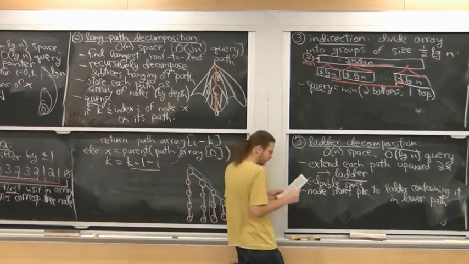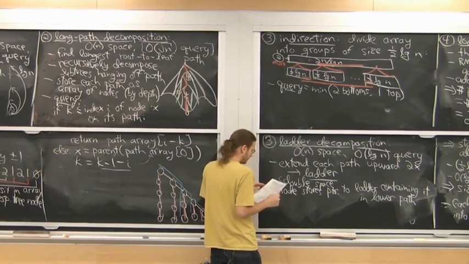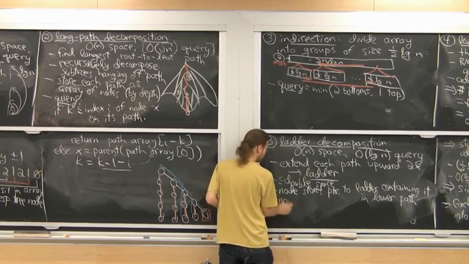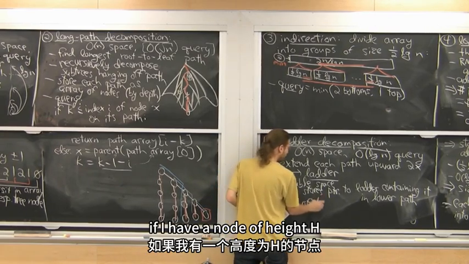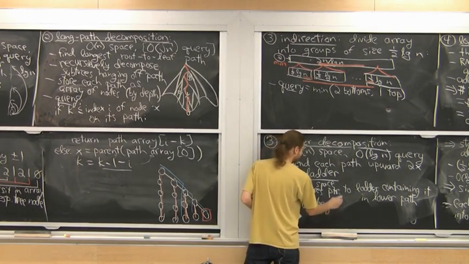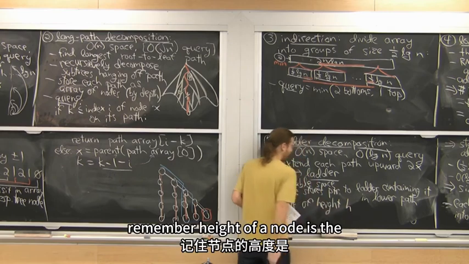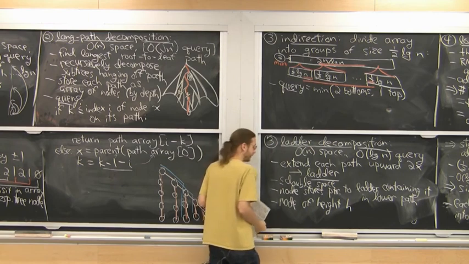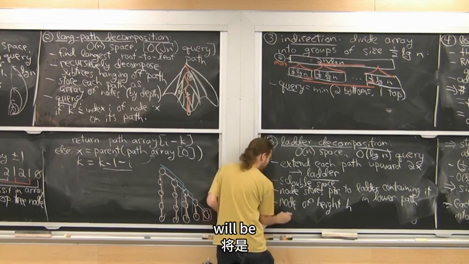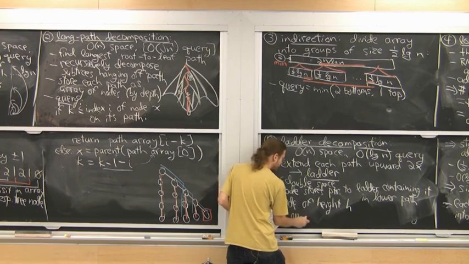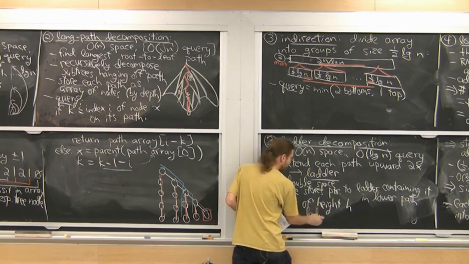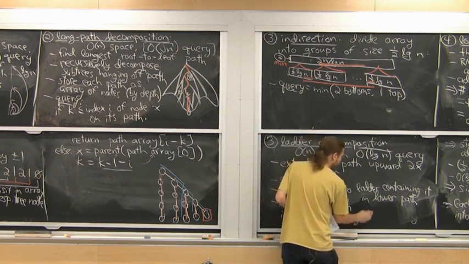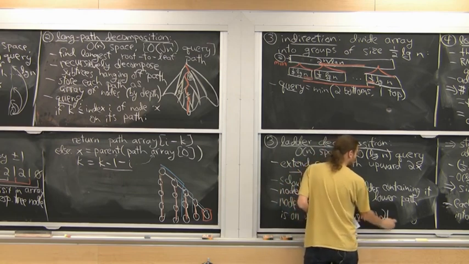Why? If I have a node of height h, remember height of a node is the length of the longest path from there downward, it will be on a ladder of height at least 2h.